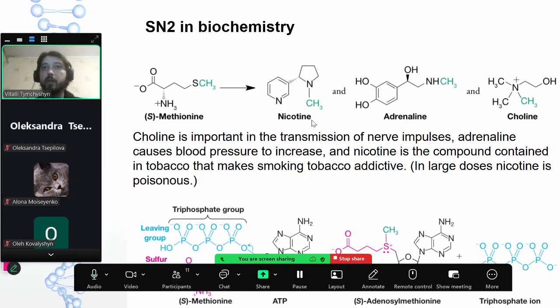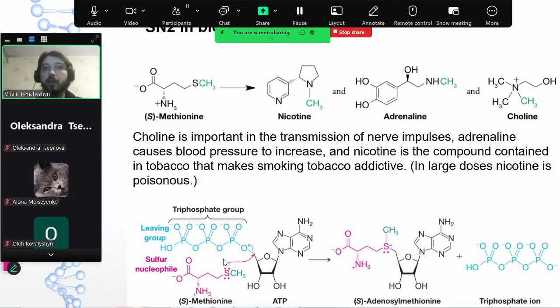Here are some chemicals: nicotine, which is produced by certain plants, and here we have adrenaline and choline. Choline, you can meet in the brain in the form of acetylcholine. Choline is important in the transmission of nerve impulses, and adrenaline causes blood pressure to increase.